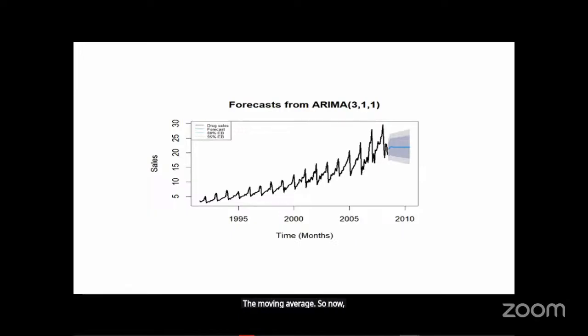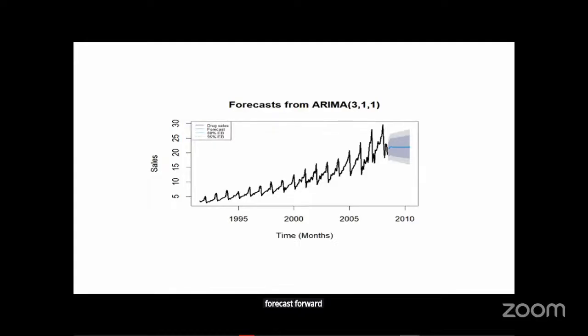So now I have candidate models. Let's say I've tried different ones and I evaluate them, probably using RMSE, MAE, AIC, BIC. I'm going to select the best model in terms of its performance, and based on that model, I can make a forecast forward.